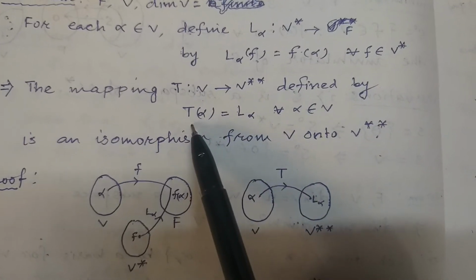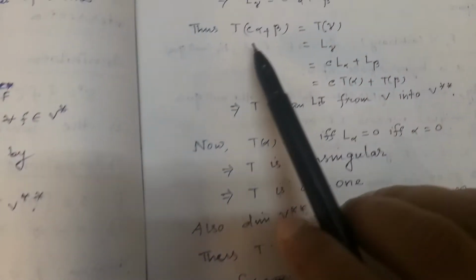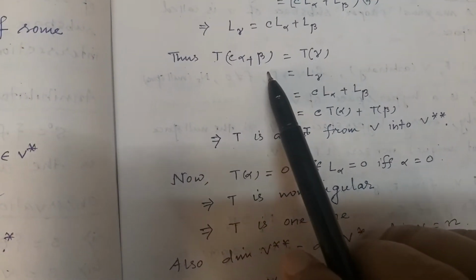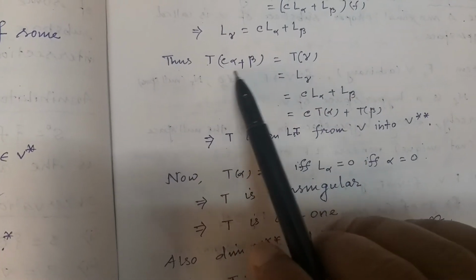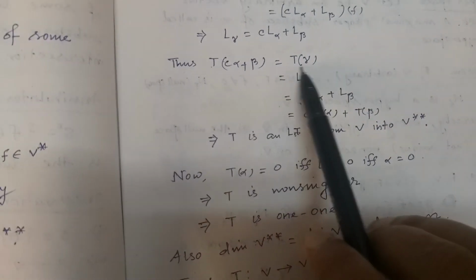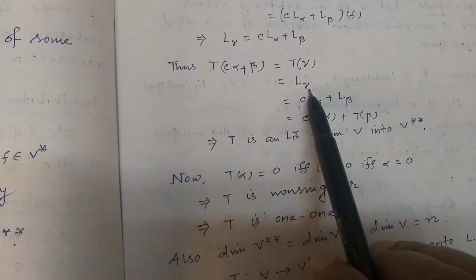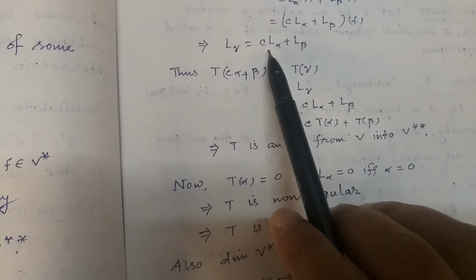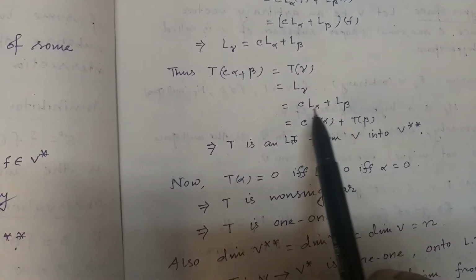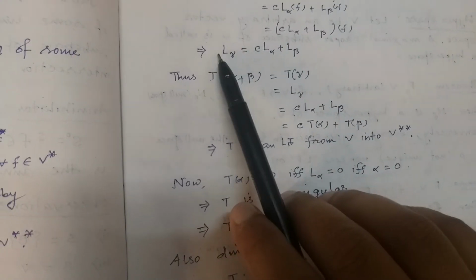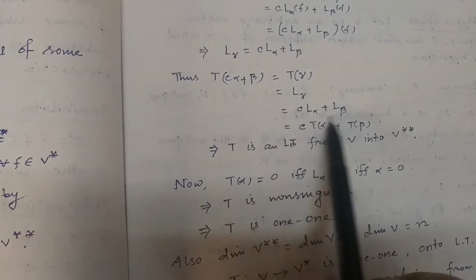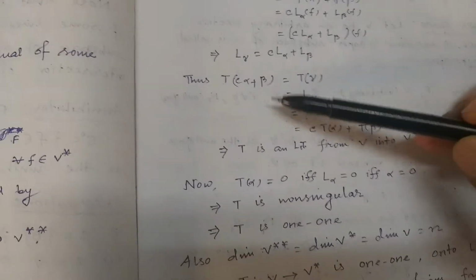We are using the definition of T. T of (c alpha plus beta) means T of gamma. Again T of gamma means L gamma. Again L gamma means c L alpha plus L beta. That's why we have calculated this portion. Actually this is used here.